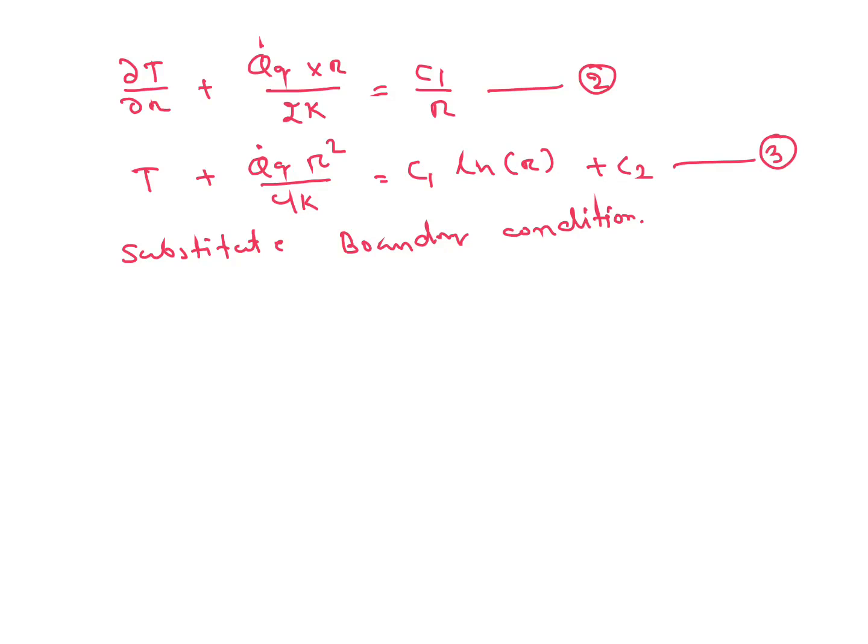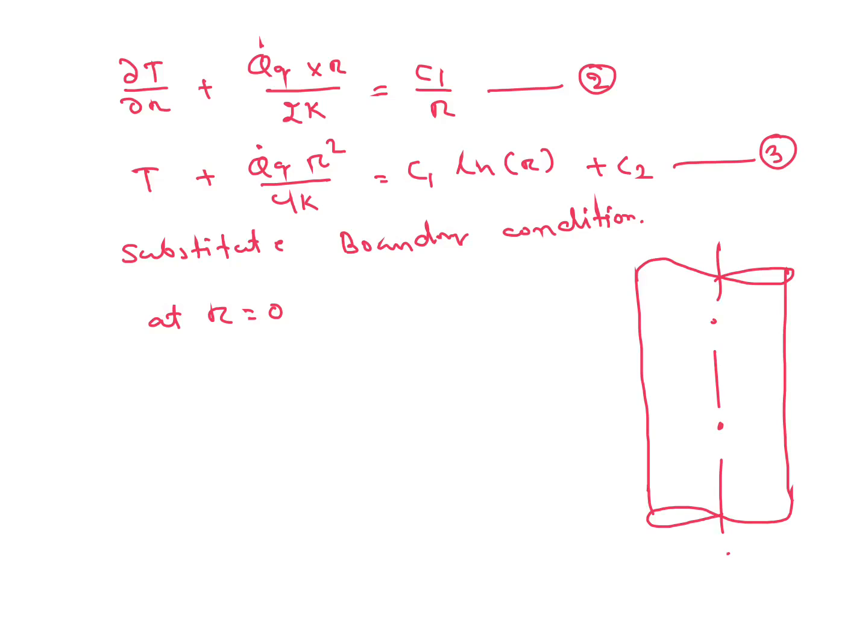At r equal to 0, at the center, dT by dr equal to 0; surface temperature is Ts, and here it's T0. So at r equal to 0, dT by dr equal to 0.